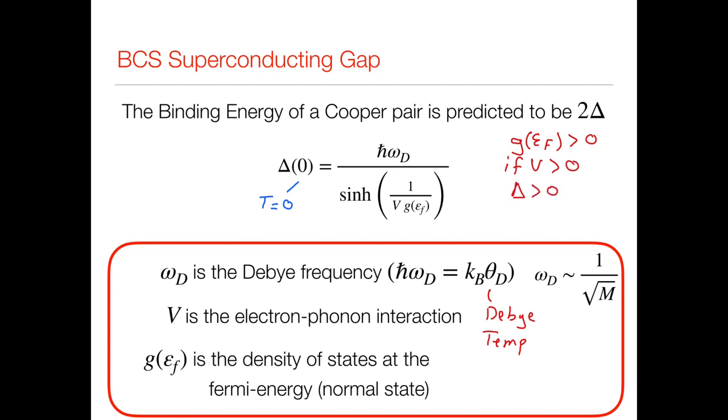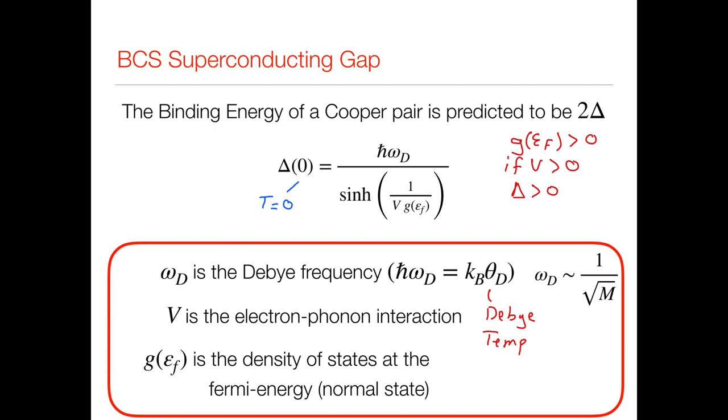So however small the attractive force between these two electrons in a Cooper pair, they will always be bound. It might be a really tiny binding energy, and in fact we know it's going to be a small binding energy because superconductivity in these elemental metals happens at really low temperatures. But as long as there's some positive attraction between the electrons, then there will always be binding. And that's quite an interesting result.